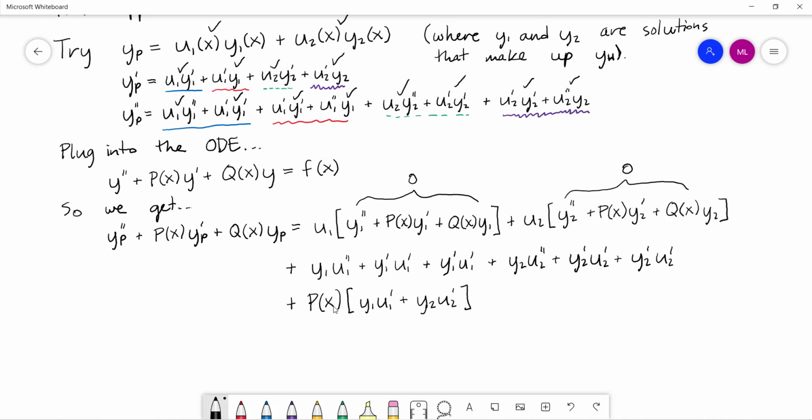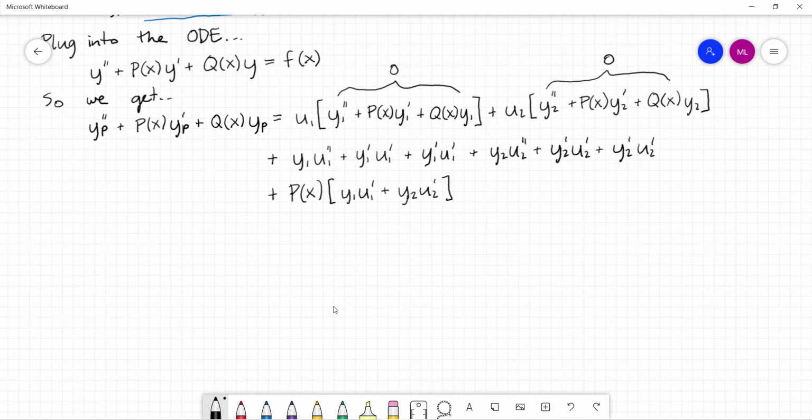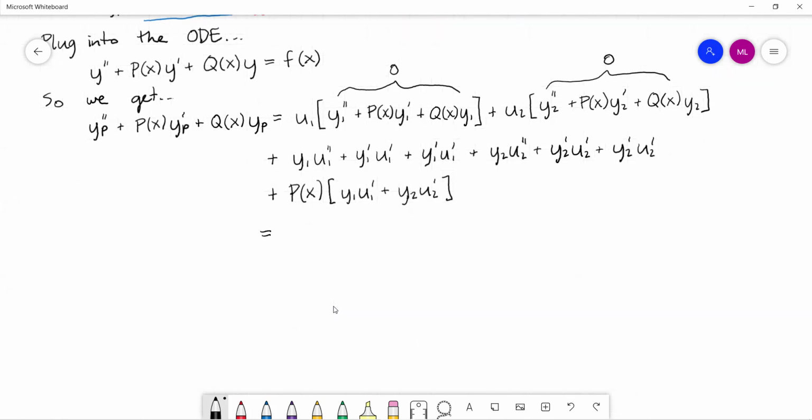Okay, so there's everything. Let's continue to kind of group some terms. So what is this equivalent to? So again, this first line is gone, it's zeroed out. But if I look at this and this, just this grouping, so if I group these ones together, and if I group these ones together, they look like the result of product rule. So this one looks like the result of d dx of, let's see, a y1 and a u1 prime, right?